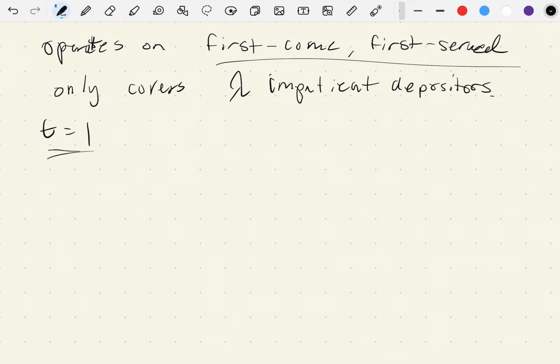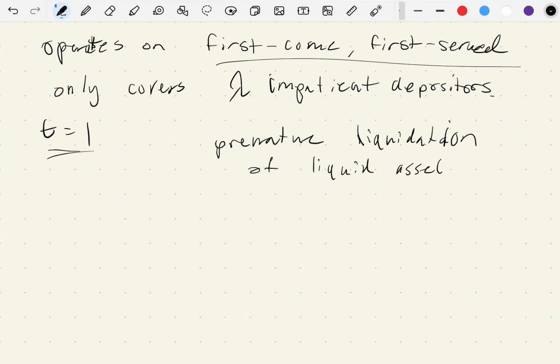When they try to withdraw, the bank will be forced to prematurely liquidate its illiquid assets, okay? And so premature liquidation of illiquid assets.